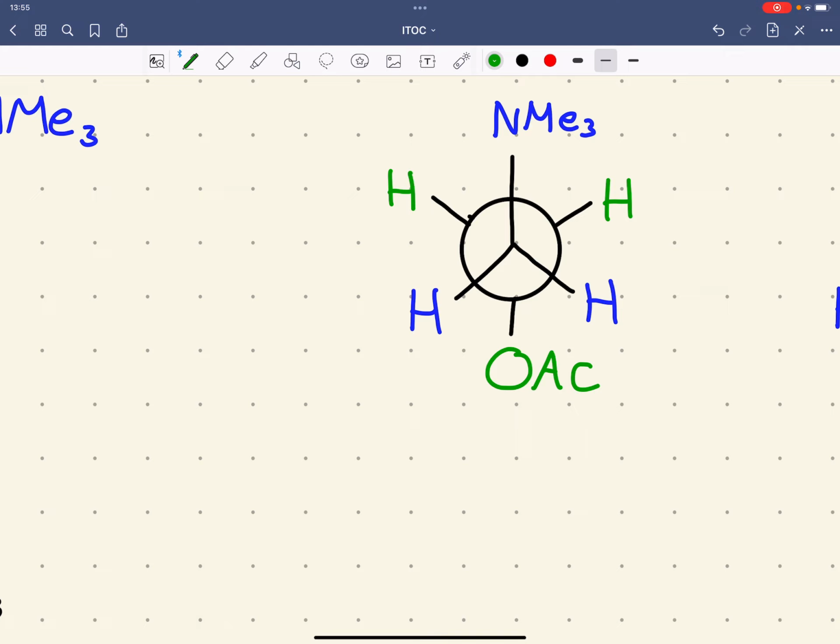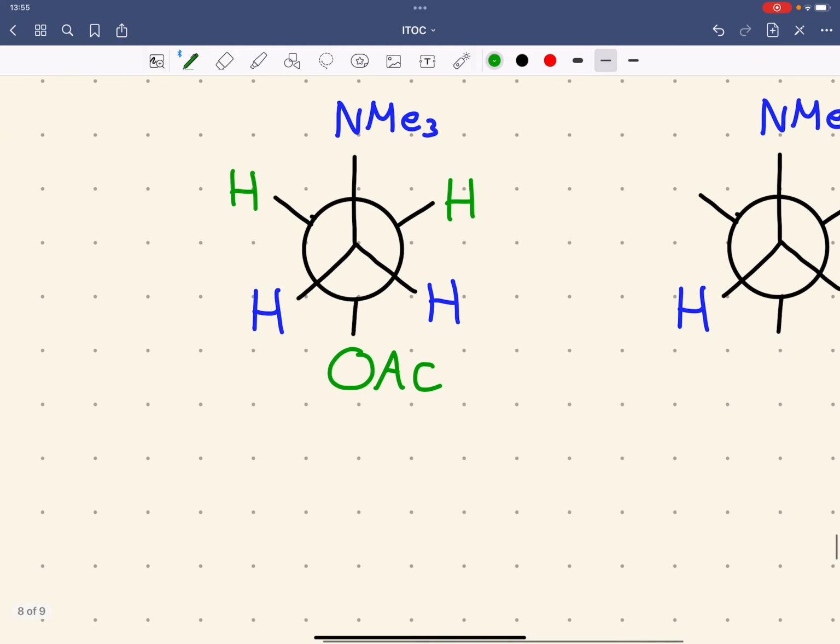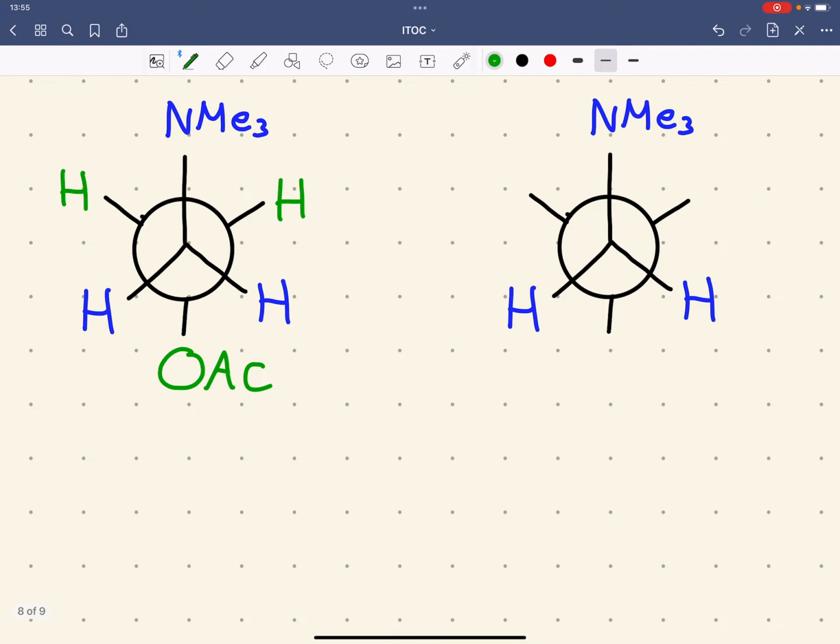There's no steric strain in this staggered conformation. Now you may assume that because it's the most stable, it's always going to bind in this conformation, but not necessarily, because if that was the case, then acetylcholine would only bind to certain receptors. It's flexible and can change shape.